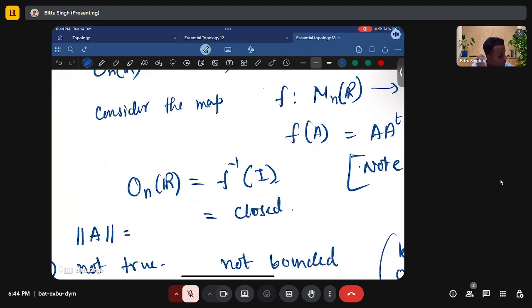One way to define the norm of a matrix is by the supremum of norm of A times X over norm X, where X is a non-zero vector.